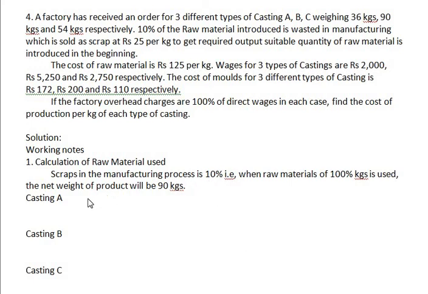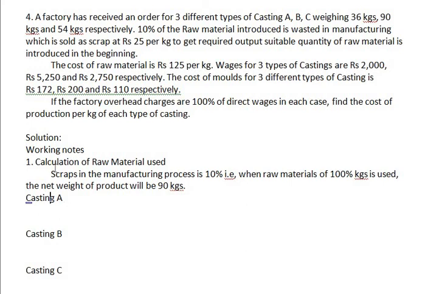Now the net weight of product is 36 kgs, 90 kgs, 54 kgs. But we don't want net weight when we are introducing material for the manufacturing purpose. We want 100%, right? So we need to calculate it.